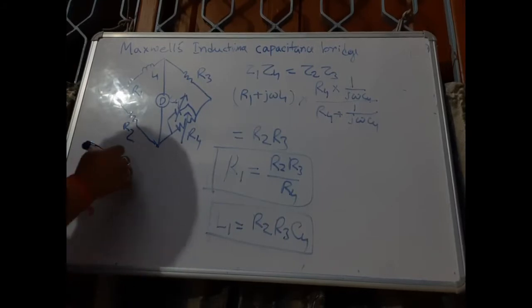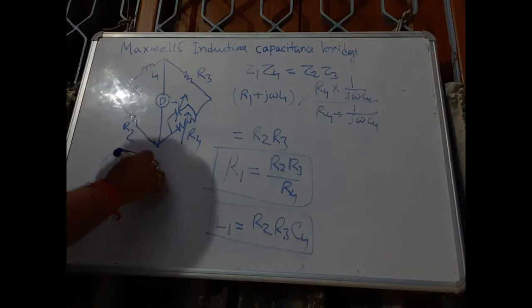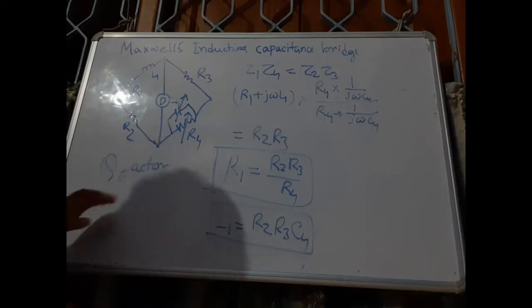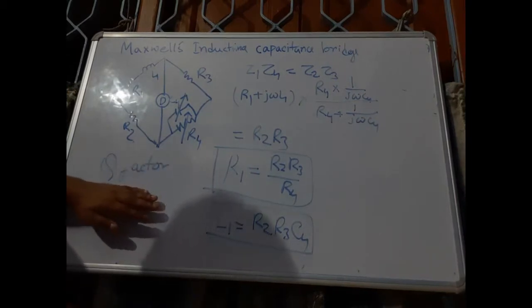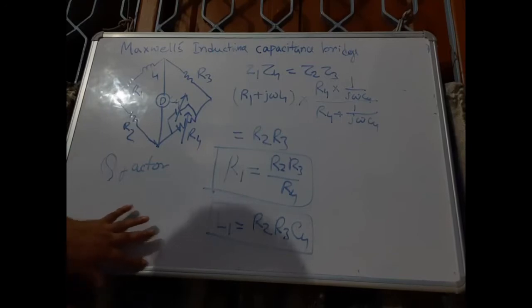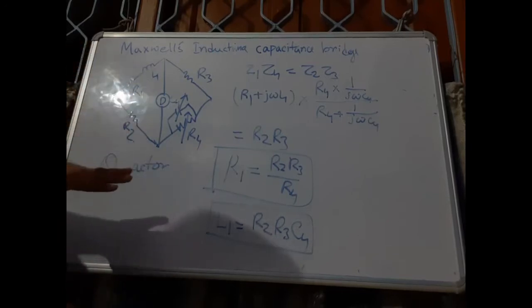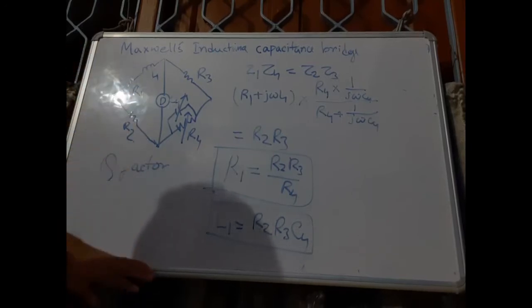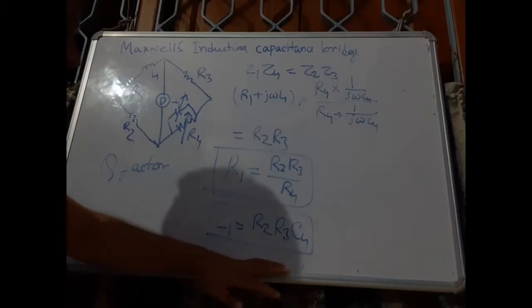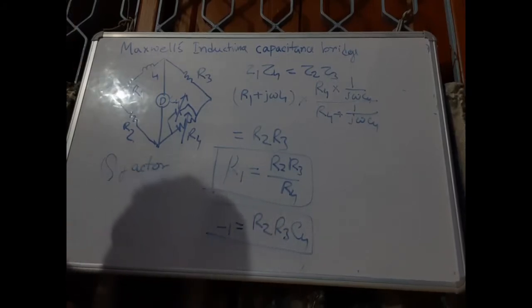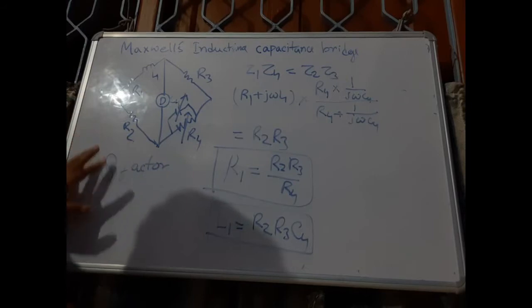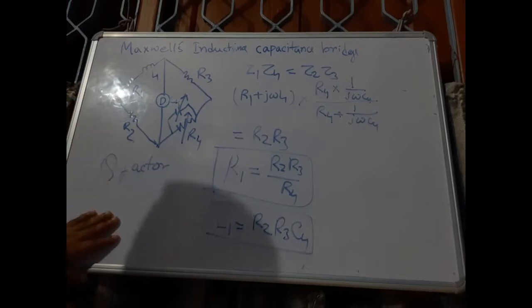And one more thing, we have a Q factor. What is Q factor? It is the energy dissipated or absorbed by the inductor and capacitor with respect to the heat dissipated by the resistor. This is the concept of Q factor.